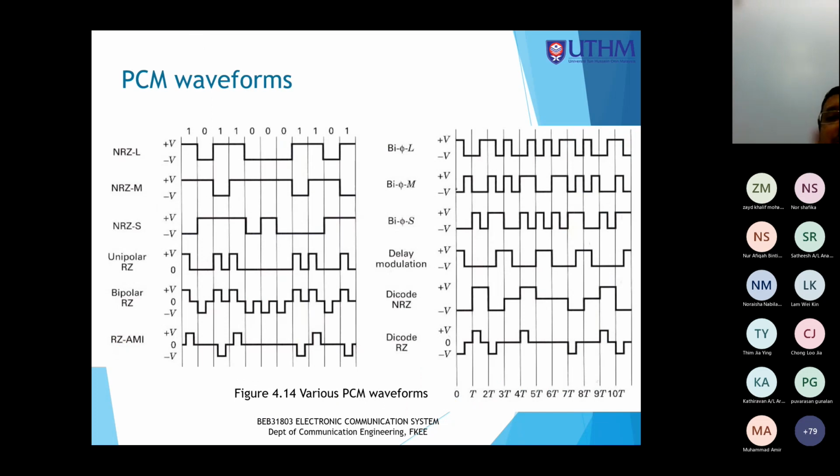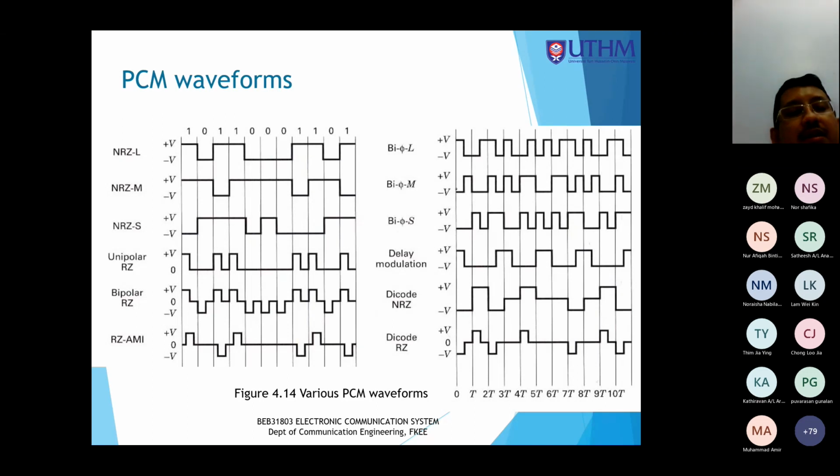These are the electrical pulses produced using the line coding, and these are the pulses that we transmit through the medium.